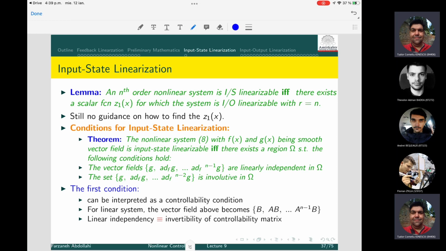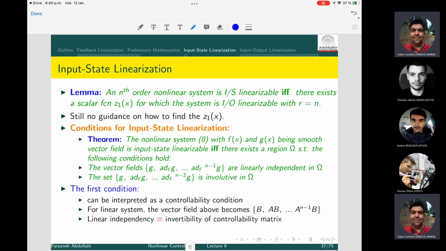In the linear case, this is related to the property of controllability. So essentially it says here that the nonlinear system is input-to-state linearizable if and only if it's in some way controllable. So the first condition can be interpreted as a controllability condition.